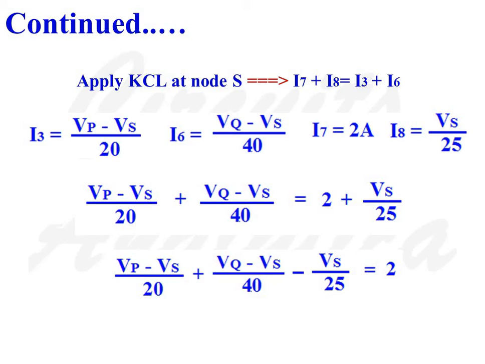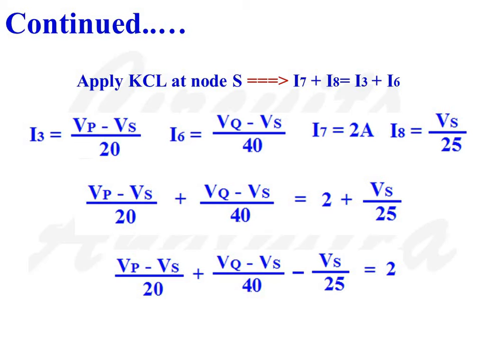According to KCL, I7 plus I8 is equal to I3 plus I6. Therefore, we can write (Vp minus Vs) divided by 20 plus (Vq minus Vs) divided by 40 is equal to 2 plus Vs divided by 25.